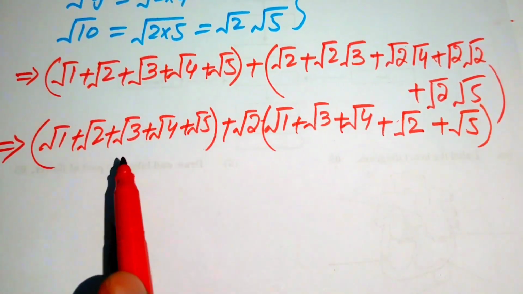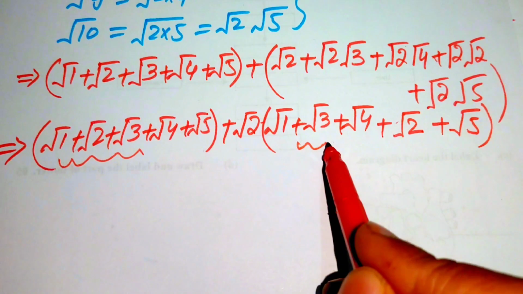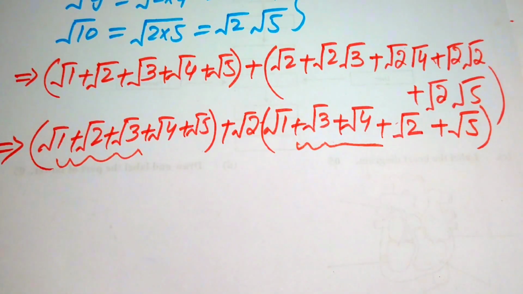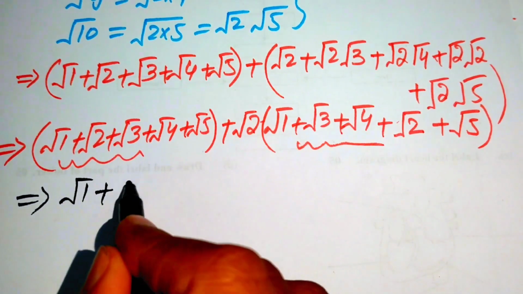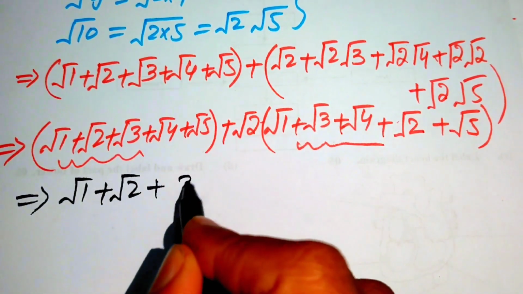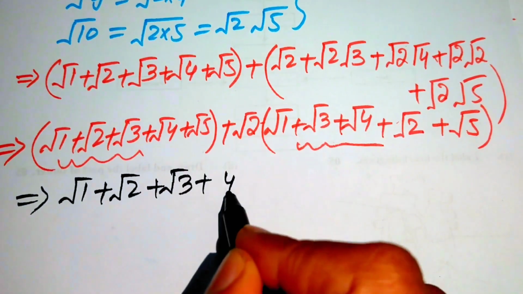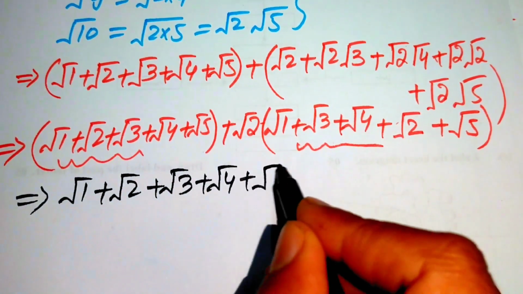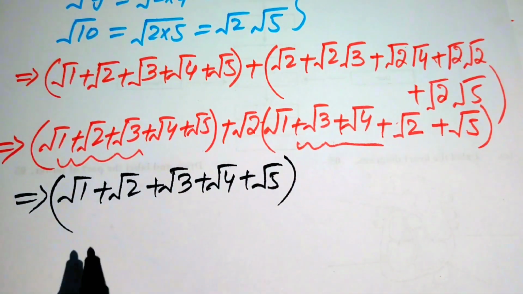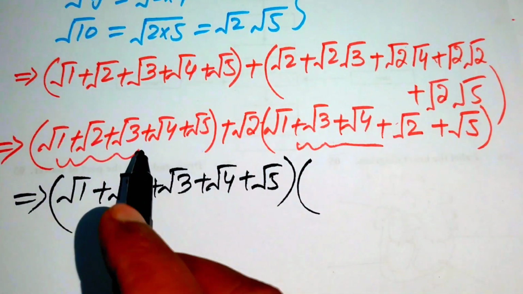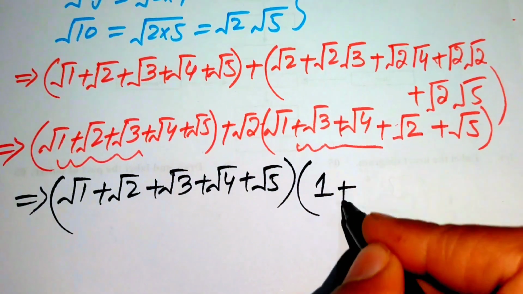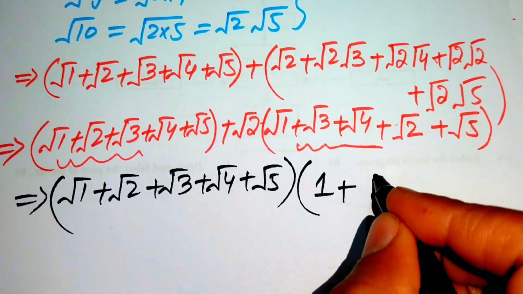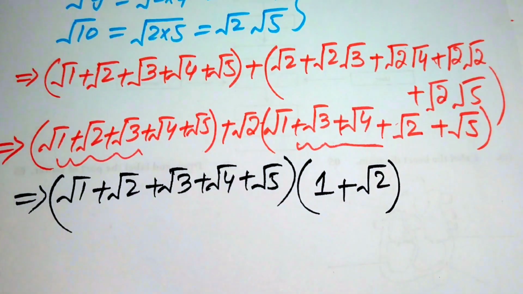So if you focus on this expression and this expression, these two expressions are the same, so we will take common square root of 1 plus square root of 2 plus square root of 3 plus square root of 4 plus square root of 5. We take common this factor, and when we take common this factor, here we get 1, and here you get square root of 2.